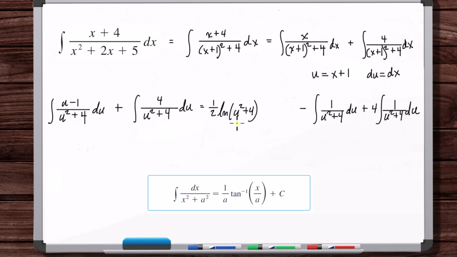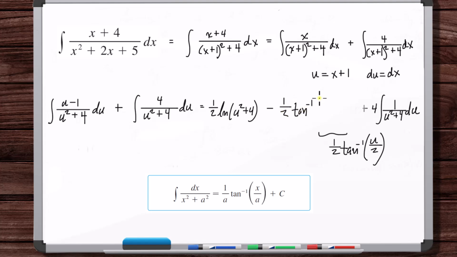With a equal to 2, we've got 1/2 arctangent of u over 2, with the minus, minus 1/2 arctangent u over 2.